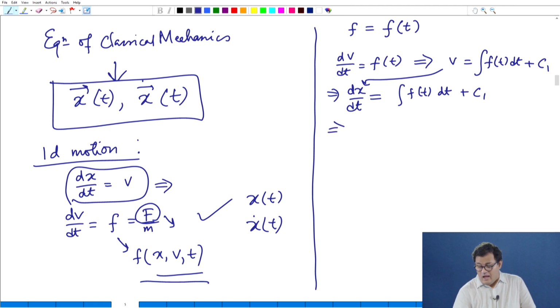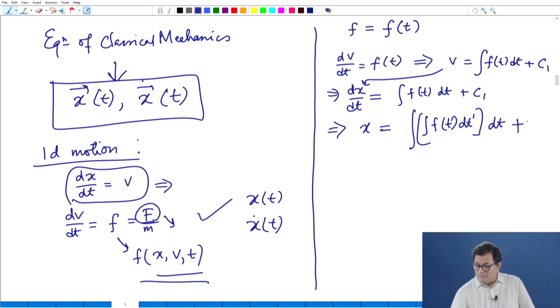Now, you integrate once again and you have x is equal to integration of integration f. Since this is already integrated, I can use a dummy variable for this t, and this whole thing is now again integrated over time t, plus c 1 t plus c 2, which is another constant of integration.